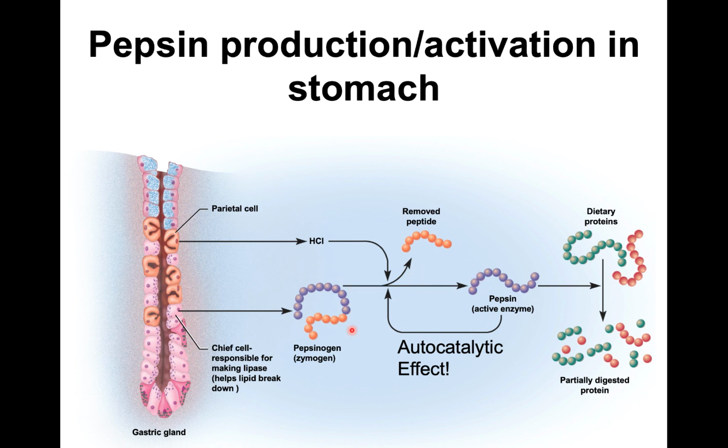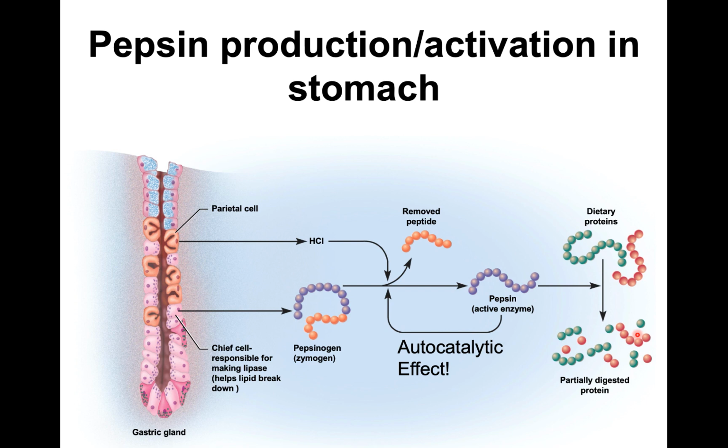So you take pepsinogen, cleave off the inactive part, and it turns into the active form, pepsin. Pepsin is now the active enzyme, and go ahead and write this down in your notes. Pepsin's job is to digest proteins. So it can take long chains of proteins and break them up into smaller, partially digested chains of proteins.